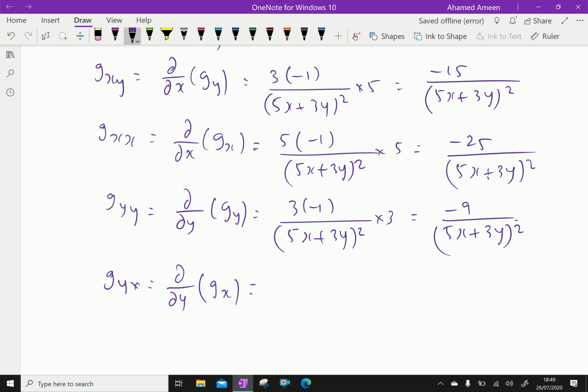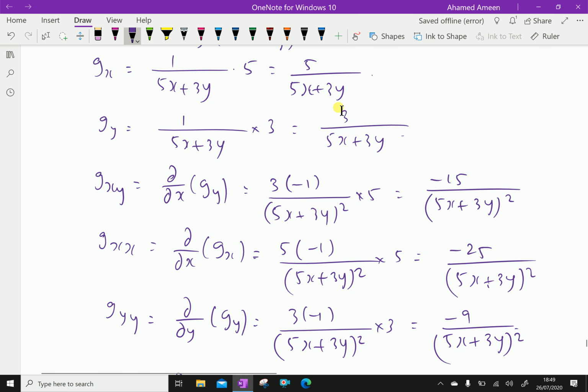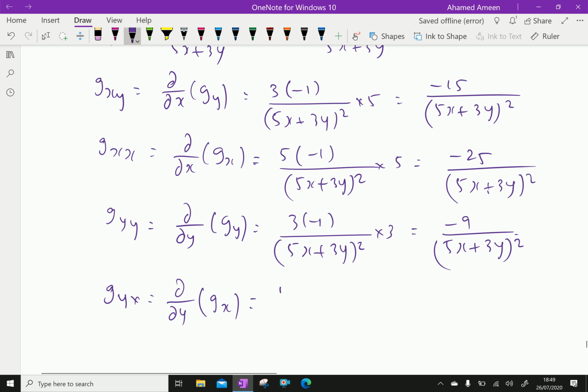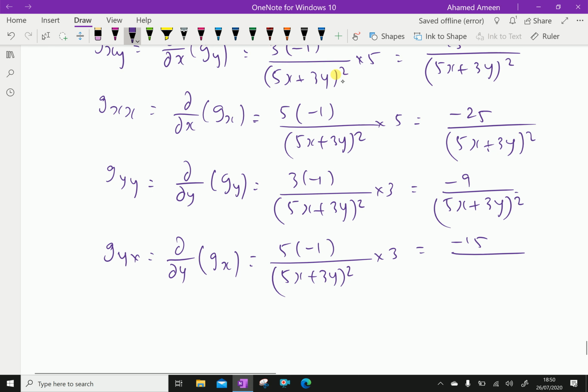Here we have g of x as this one, so differentiate that one, same, 5 into minus 1 over 5x plus 3y the square into, with respect to y, 3, which is equal to minus 15 over 5x plus 3y the square.